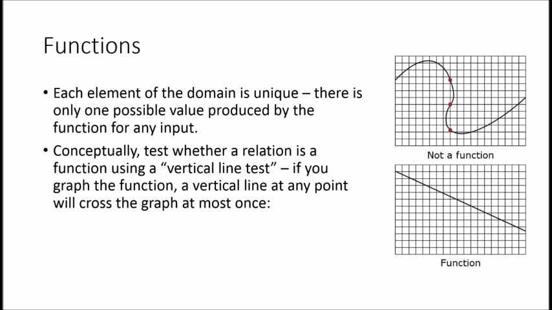When you're thinking about functions, one important thing to think about is that for functions, each element of the domain is unique. In other words, there's only one possible value produced by the function given any particular input. One way to think about this is to imagine drawing a vertical line through any graph that you have.